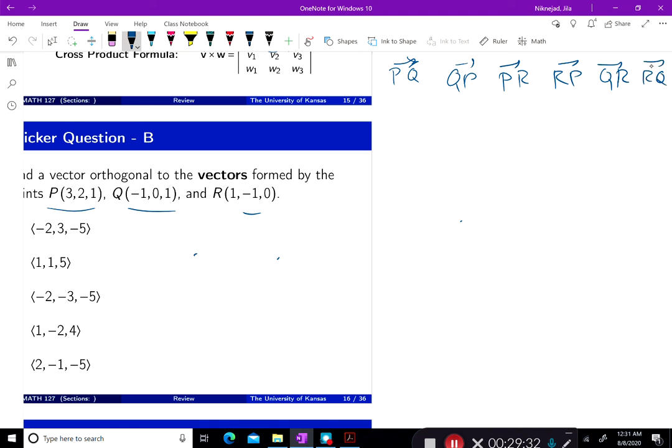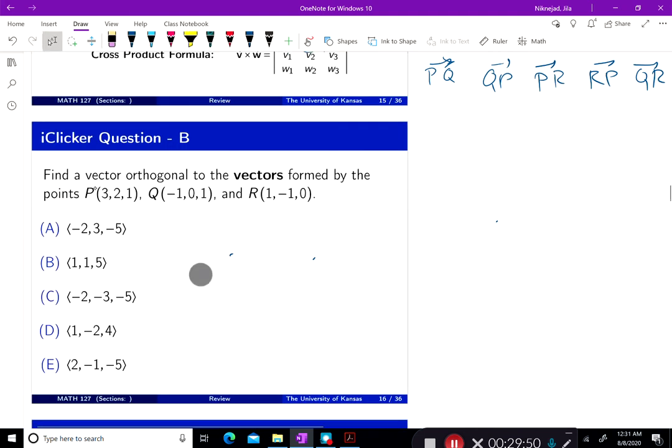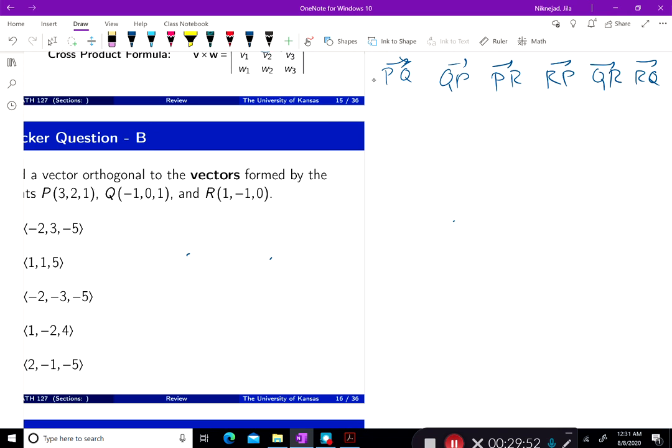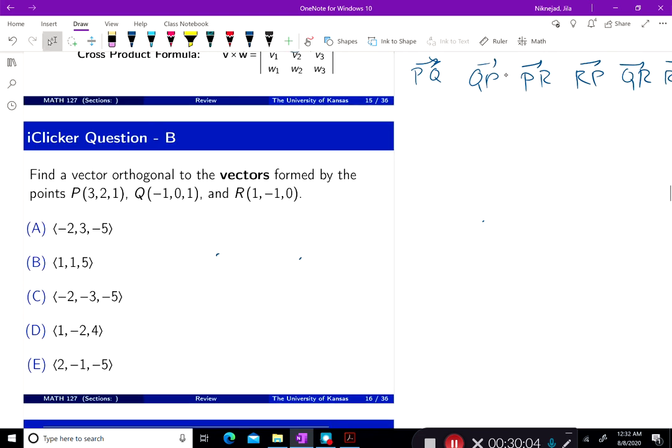It really doesn't matter as long as you choose two of them that are not collinear or parallel to each other. And so now let's choose PQ and PR, and let's find it.